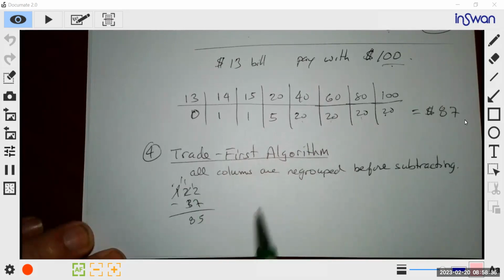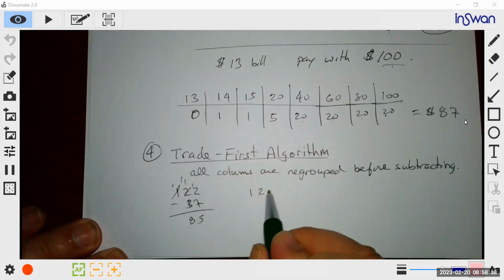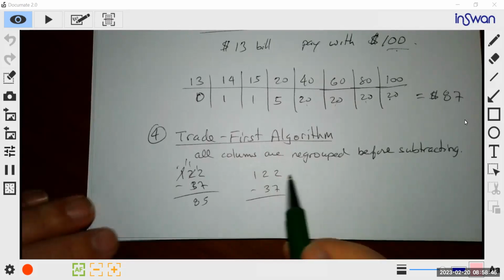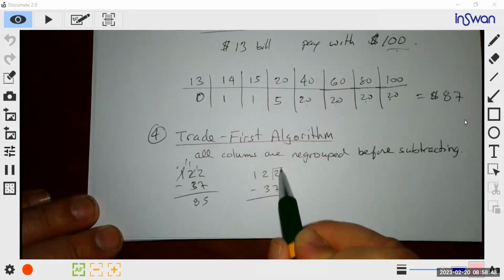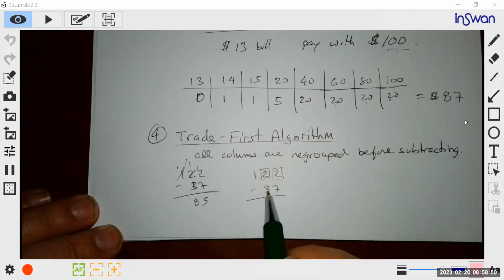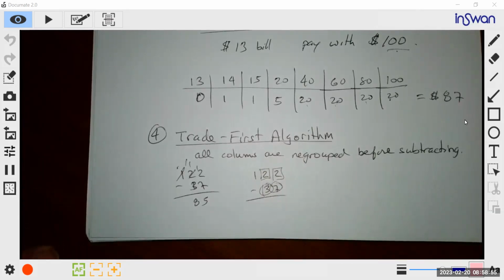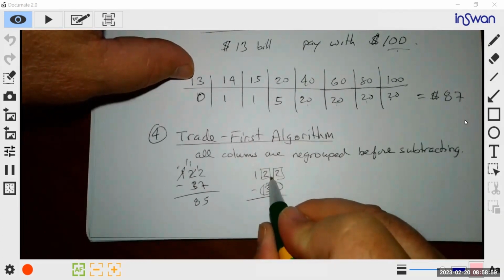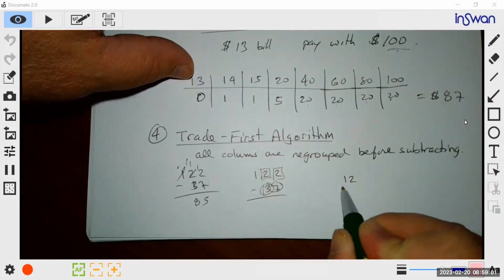What trade first does is, I need to get these numbers bigger than the bottom numbers. So those get changed first.